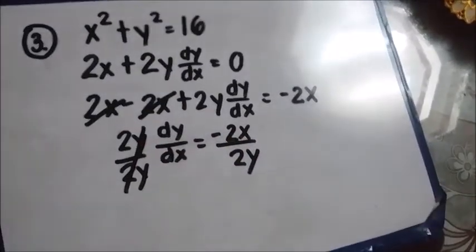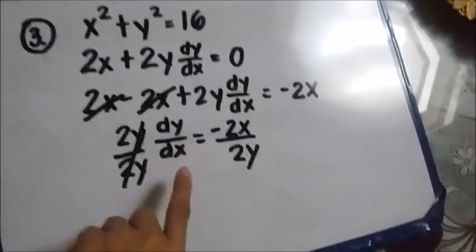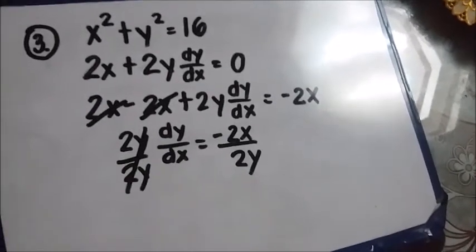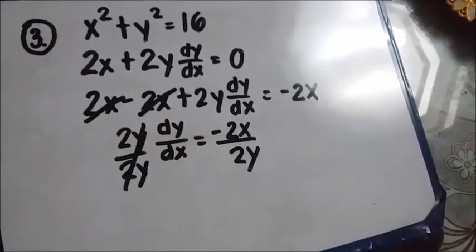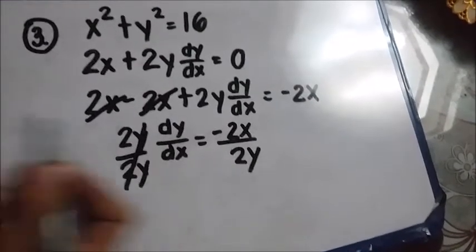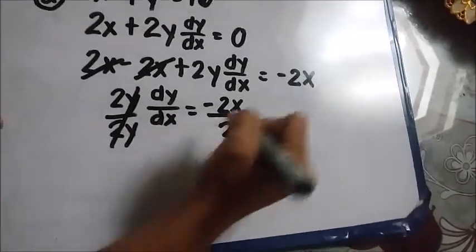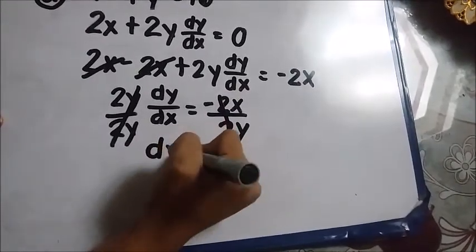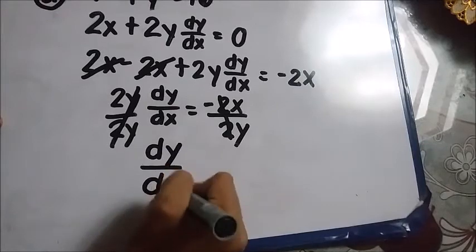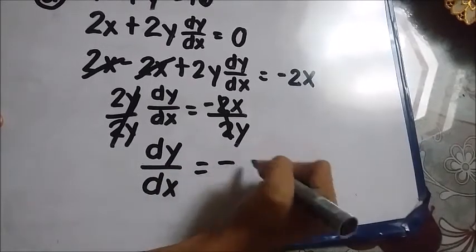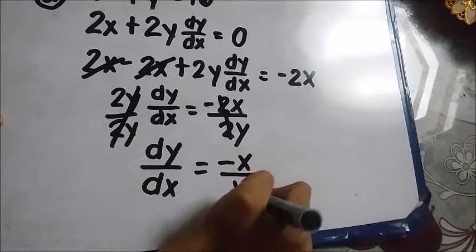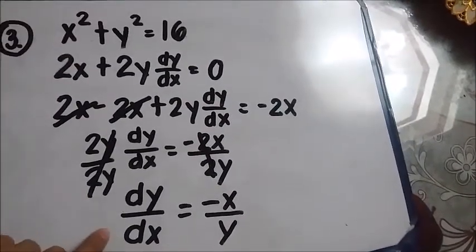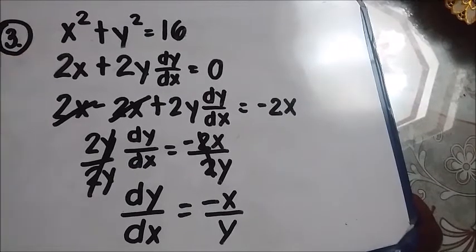So we have now dy/dx equals negative 2x over negative 2y, and this is factorable. We will cancel out 2, and we will have negative x over y. So this is our final answer for this problem.